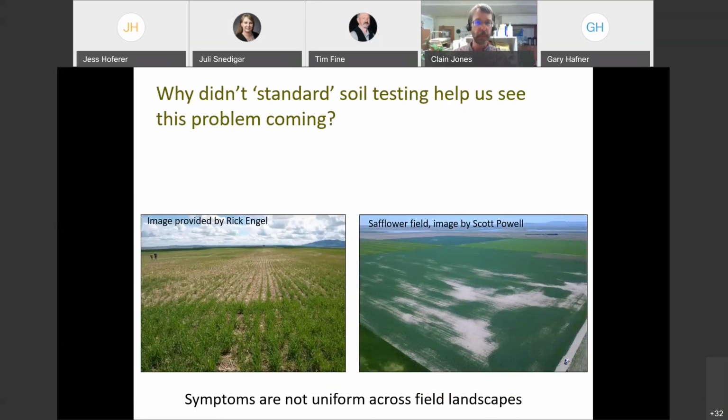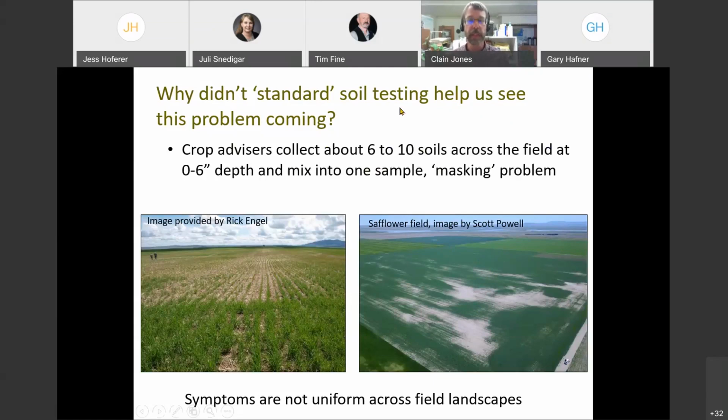Those soil samples are put in a bucket, mixed, put into a bag, and sent off to a lab. By mixing areas of a field that might have, say, pH 6 with other areas of field that might have pH 4.8, you can get a false sense that your pH is okay when it really isn't. And that's one of the reasons that this problem did sneak up on us.